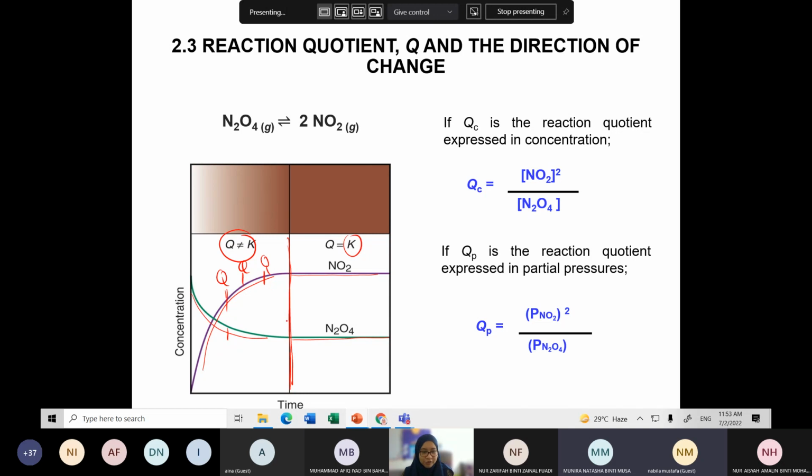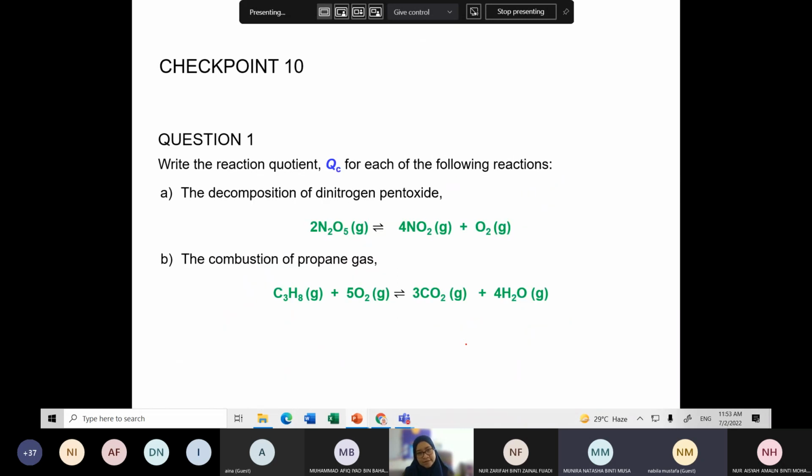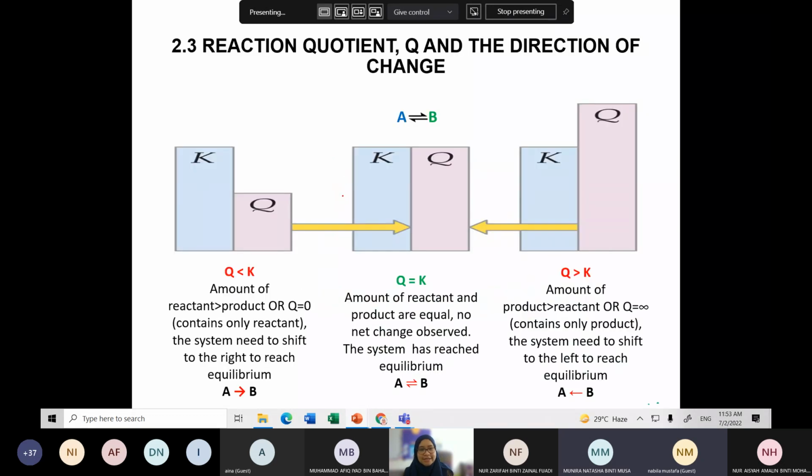So based on this graph, kita tahu it's not yet at equilibrium. So QC will definitely not be the same as KC. But how do you write it? Exactly the same. This is for how you write the reaction quotient expression. Okay? So buat sendiri.